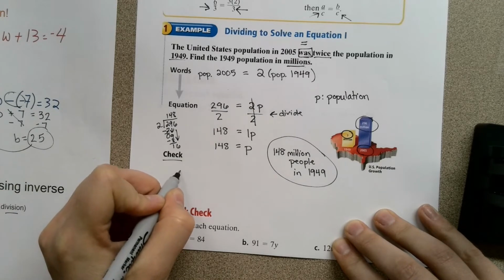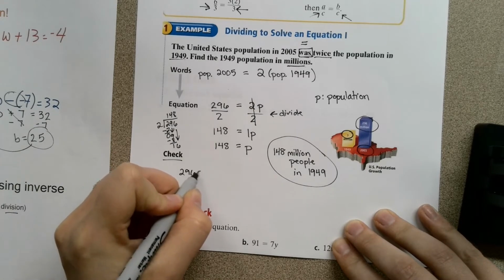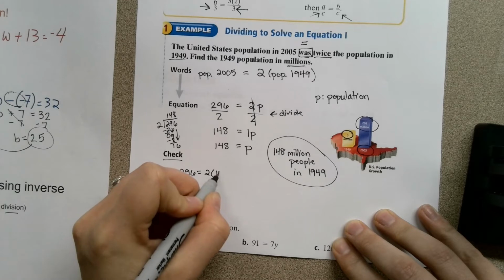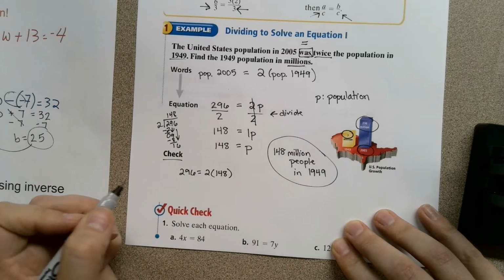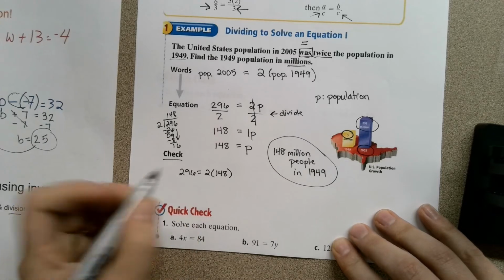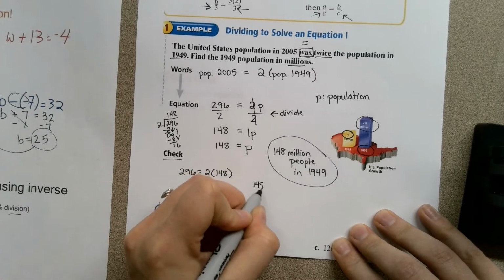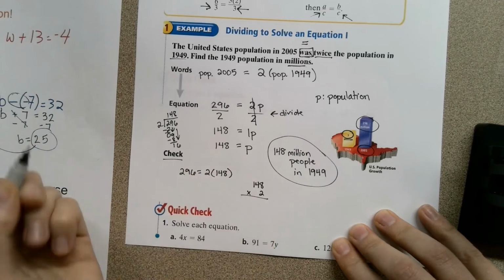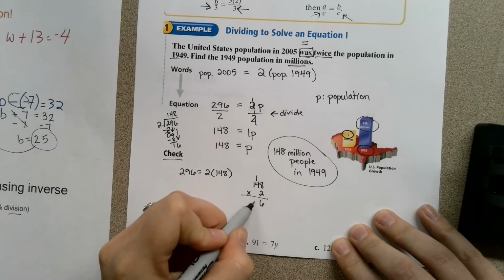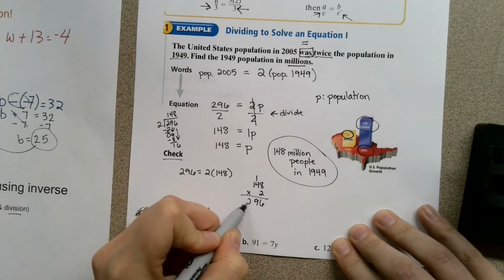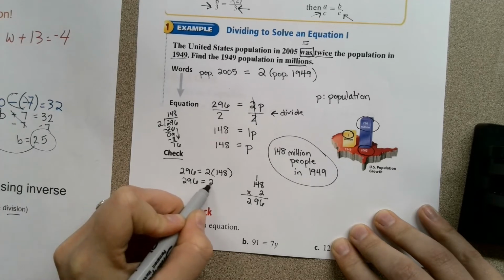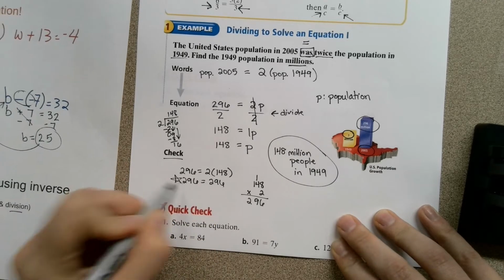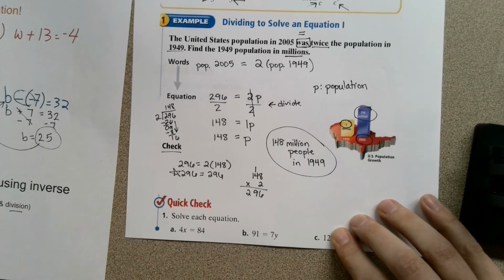So if we took 296 is equal to 2 multiplied by 148, this multiplication should give us exactly 296. So 148 times 2, which it does. So we know that yes, we did it correctly. And 148 million people would be the correct answer.